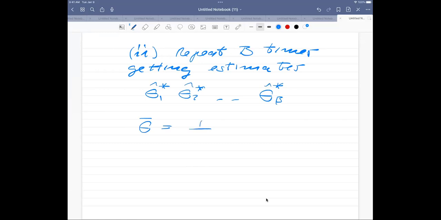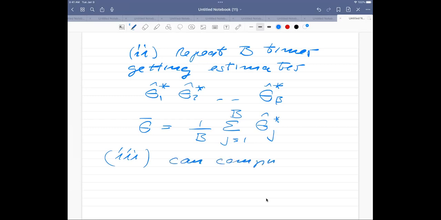And then the final value, which I'm going to call like this. So these are quantities like that. And then I have a 1 over B, and then I sum over all the experiments I've been running, and then I have this theta J up here. And when I'm done, suppose this theta is the mean value, then you can compute the variance with that quantity.